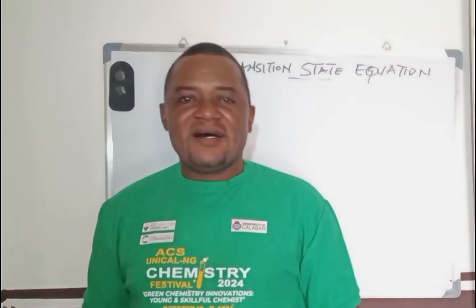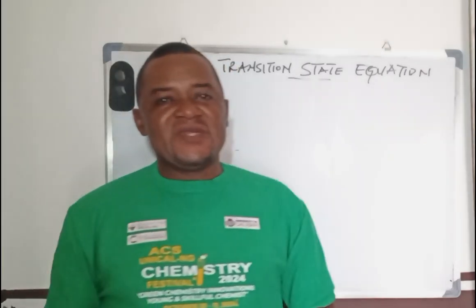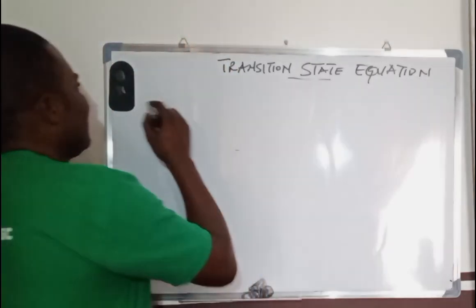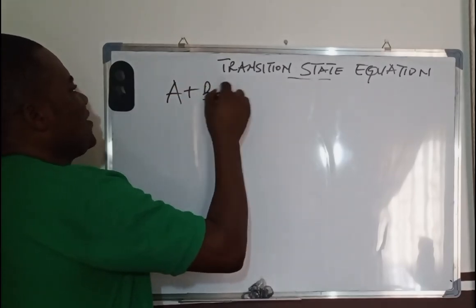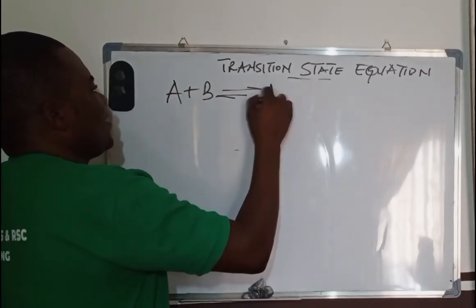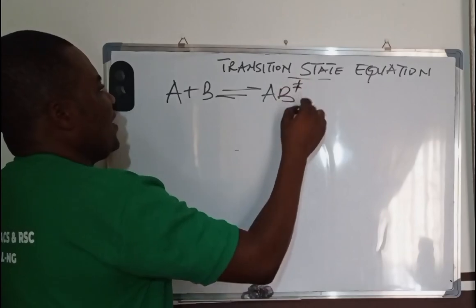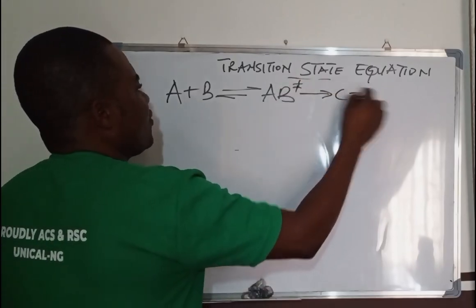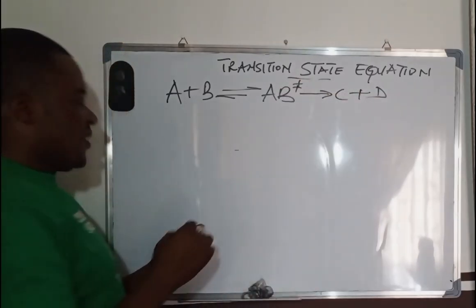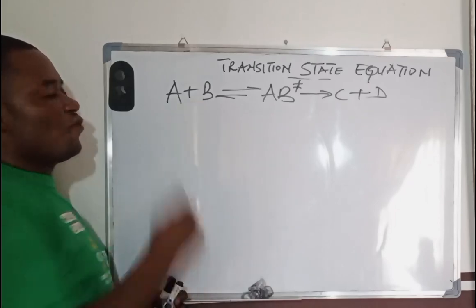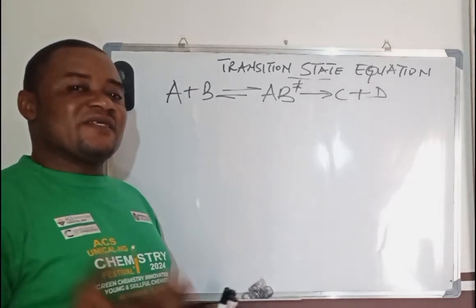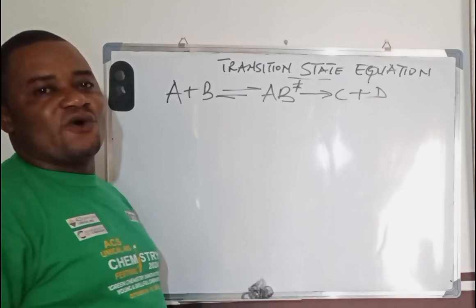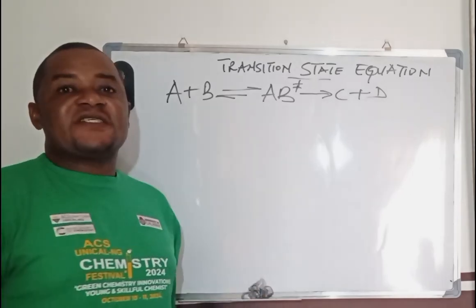Let us take a hypothetical equation to lead us. Assuming we have an equation A plus B to give us AB, and then it gives us a product C plus D. Remember that this equation, we had discussed it in our former class when we discussed the transition state theory.